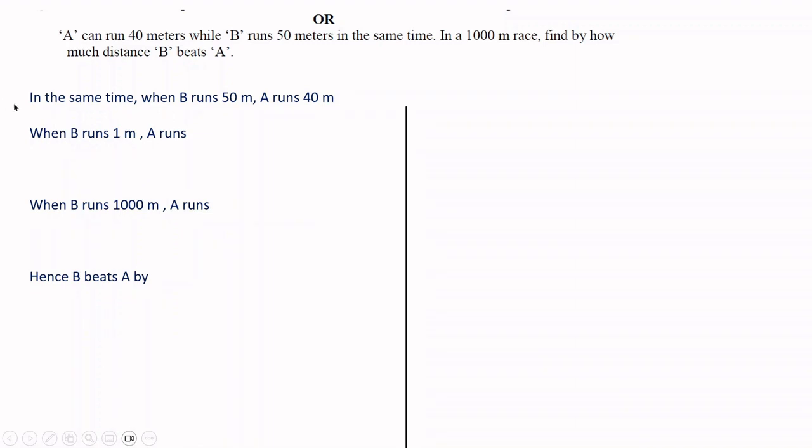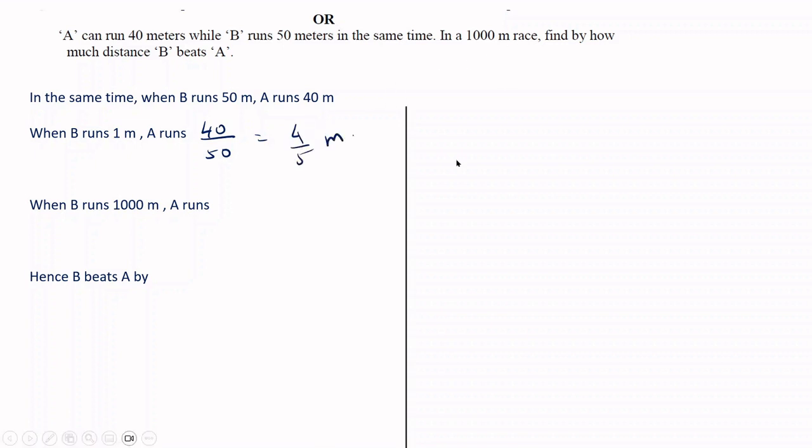So, in the same time, when B runs 50 meters, A runs 40 meters. This is given in the question. So when B runs 1 meter, A runs 40 by 50, which is equal to 4 by 5 meter.